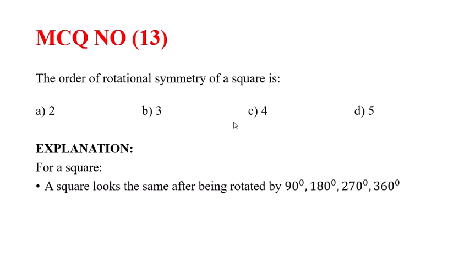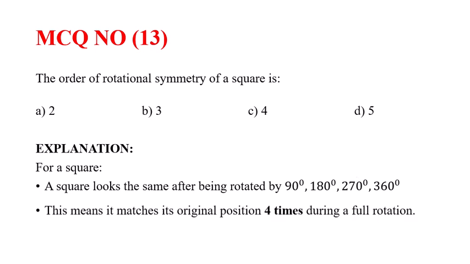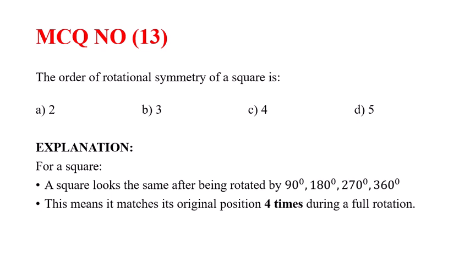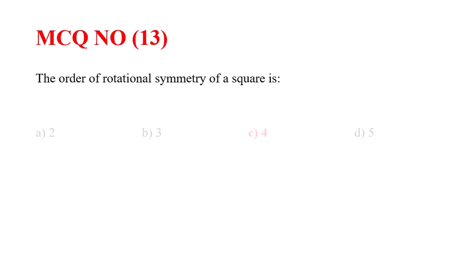For a square, the first condition is a square looks the same after being rotated by 90 degree, 180 degree, 270 degree and 360 degree. The second condition means it matches its original position 4 times during a full rotation. So the final answer of MCQs number 13 is 4.